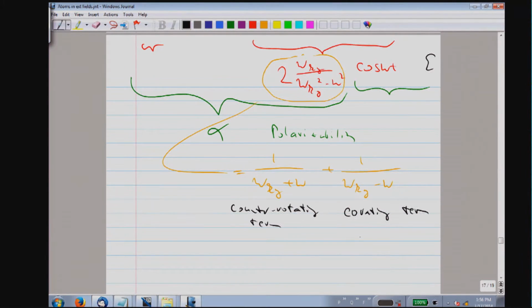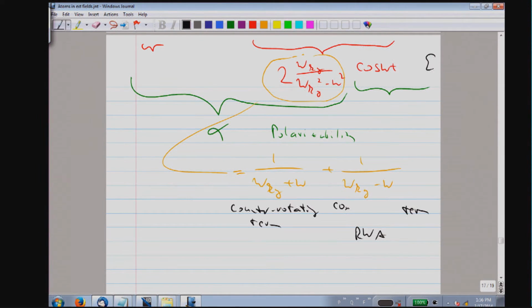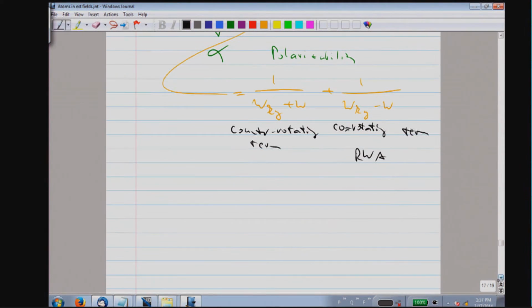And I will discuss a little bit later what the physics is between the co-rotating and counter-rotating term. The co-rotating term is the term which survives the so-called rotating wave approximation. But I just want to identify those two terms, and let's hold the thought until we have the discussion.